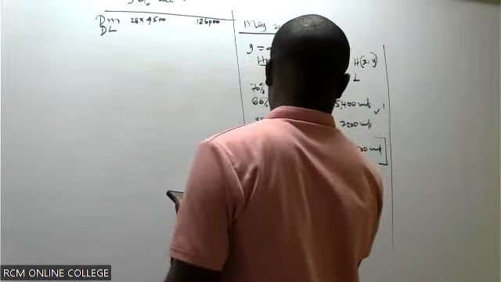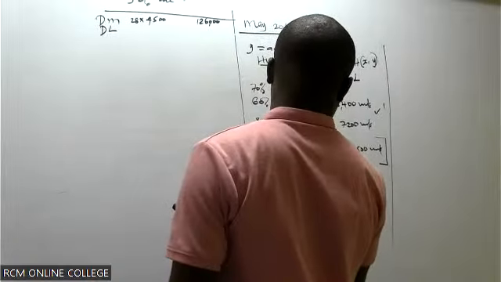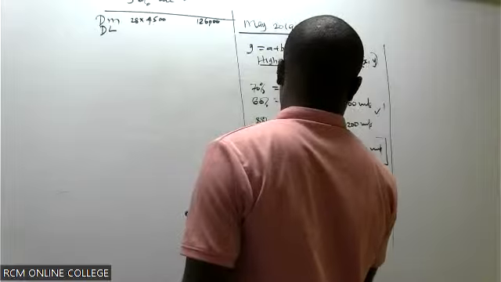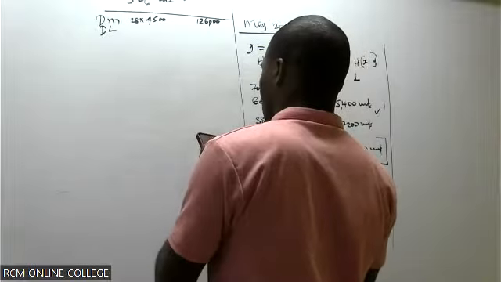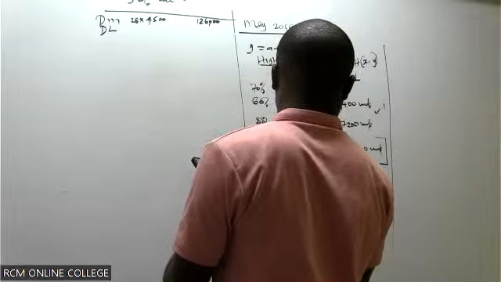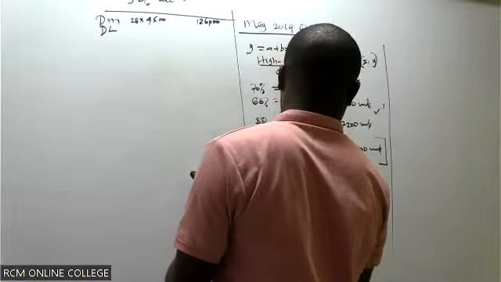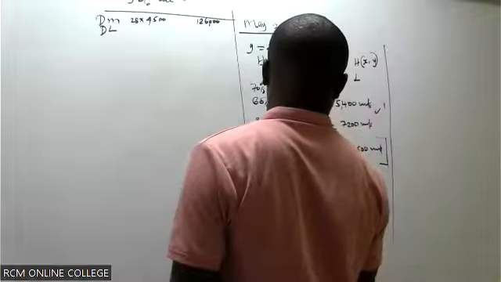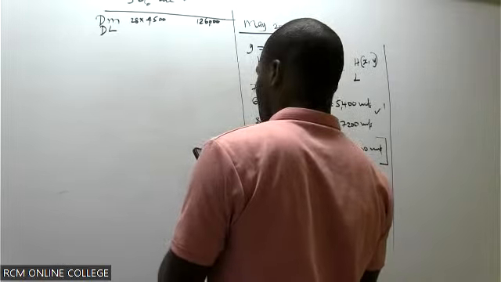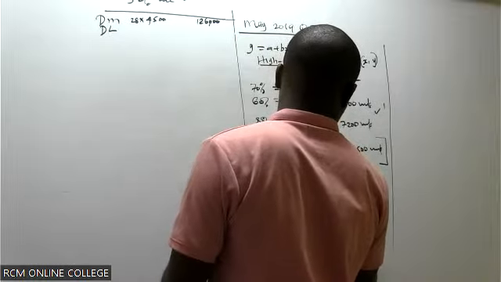Sorry, it is X first. Then low will be 64,800. Yeah, I'm really confusing these things. 5,400, 64,800.